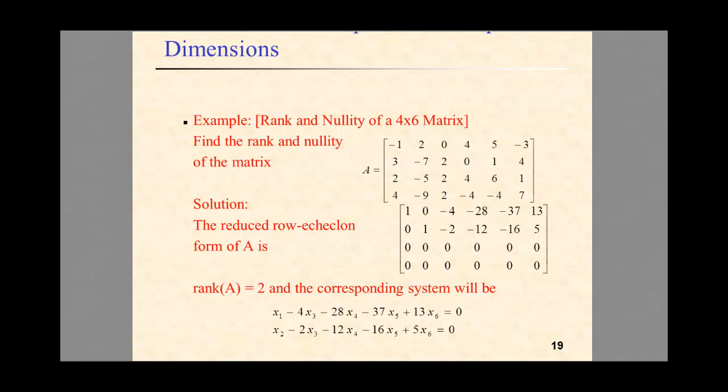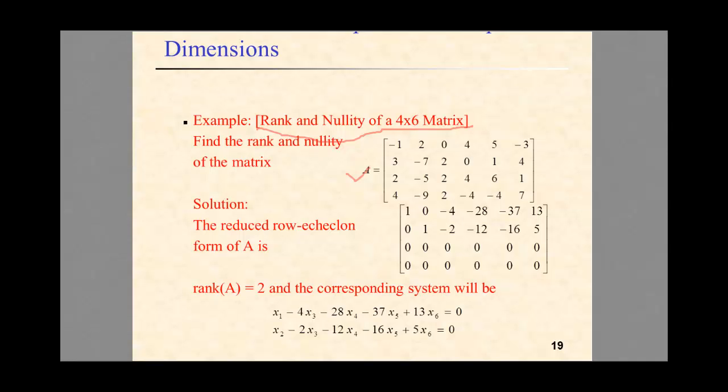Now we have seen the question. It says find the rank and nullity of a 4 by 6 matrix. A very big matrix is given, and the question asks what the rank and the nullity of this matrix are. As usual, in every question we have to reduce the matrix into row echelon form.